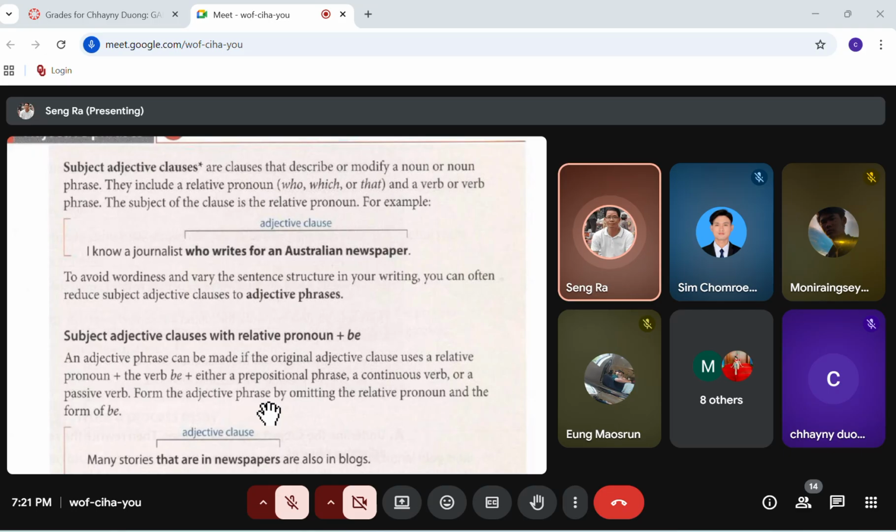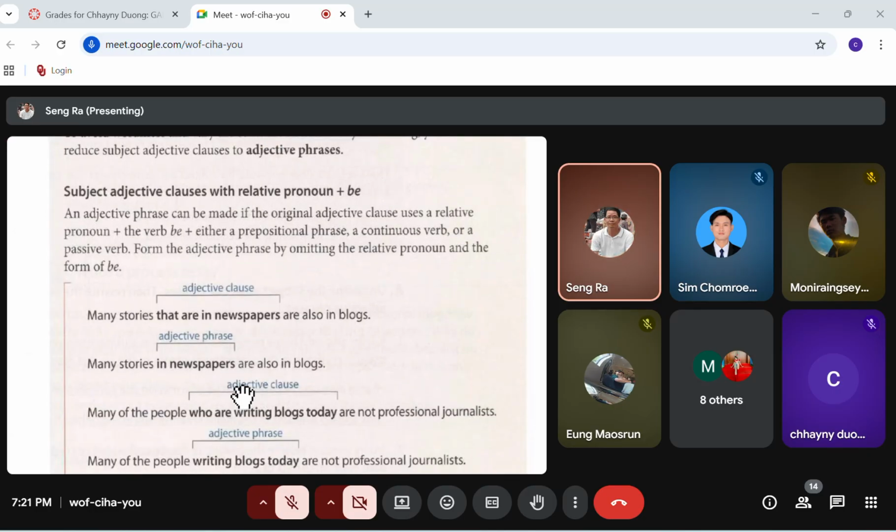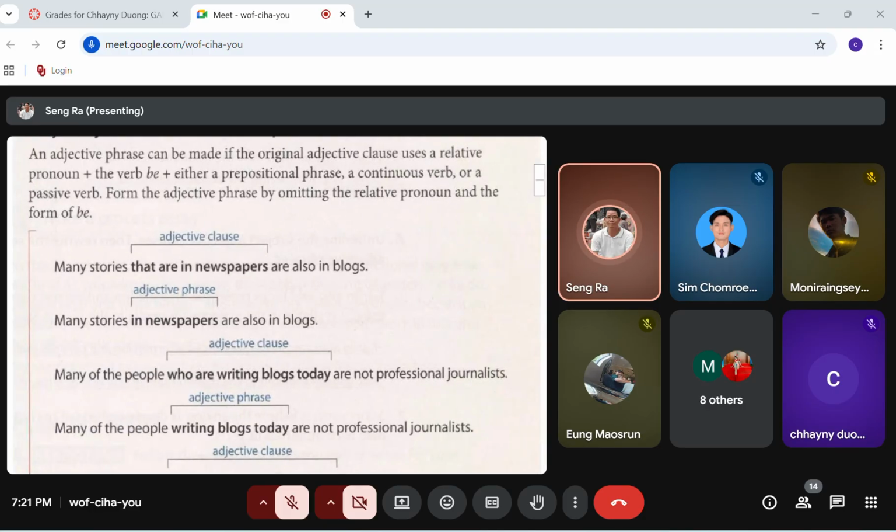Form the adjective phrase by omitting the relative pronoun and the form of be. These are the examples from the illustration. Many stories that are in the newspapers are also in blogs. This is an adjective clause, as you can see, there's a subject and a verb. It's a dependent clause.